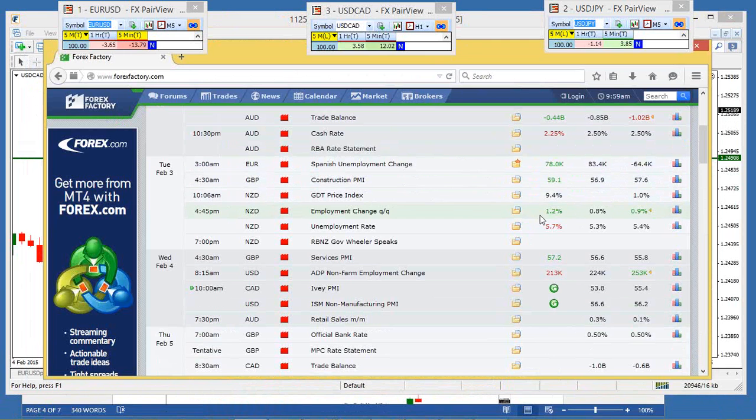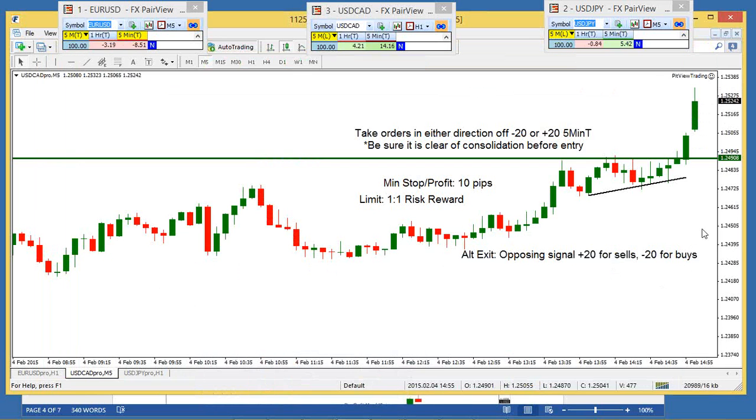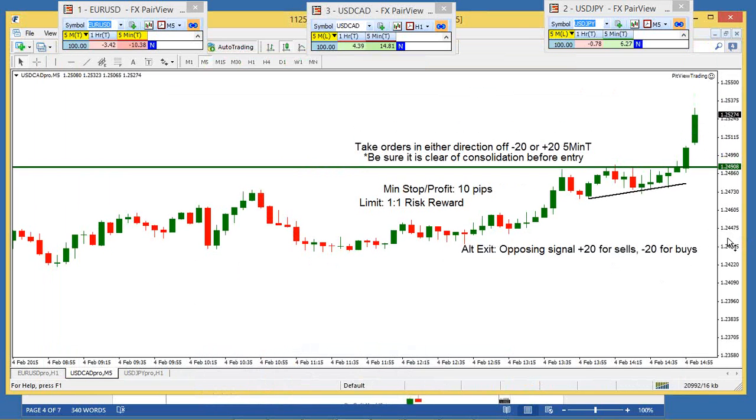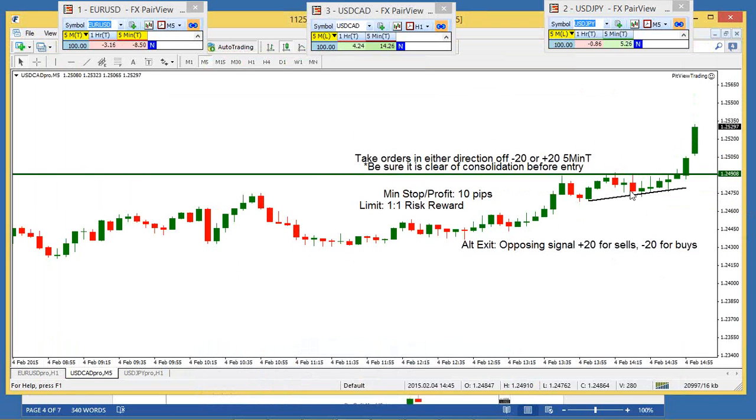What are you doing, Mr. Manufacturing Number? 56.7. That should be very strong for the dollar. It came in a little bit above expectations at 56.7, which obviously is showing some strength here.